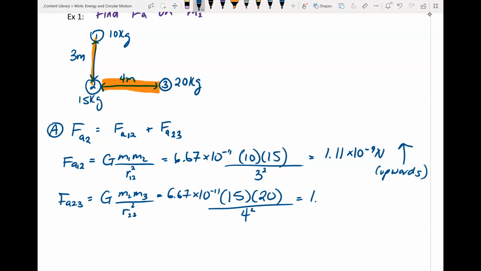We're going to get 1.25 times 10 to the power of negative 9 newtons. And this is going to the right direction just by looking at our diagram here, from mass 2 to mass 3.